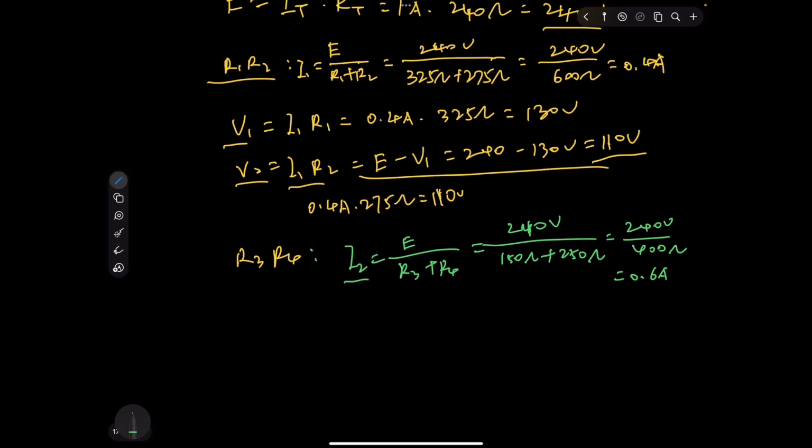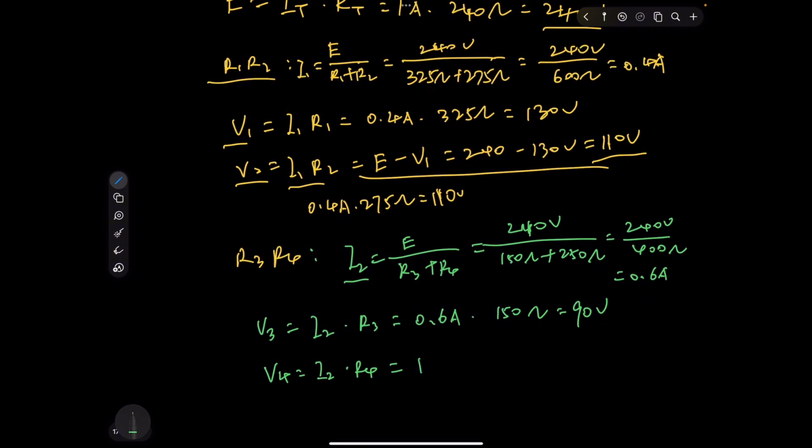After we get the current for R3 and R4, we can get V3 equals I2 times R3 equals 0.6 amps times 150 ohms, which is 90 volts. For V4, we can use I2 times R4.